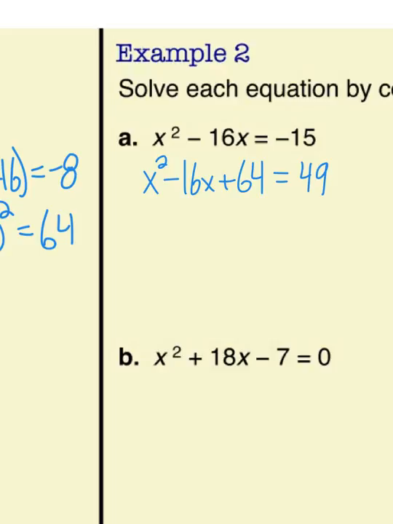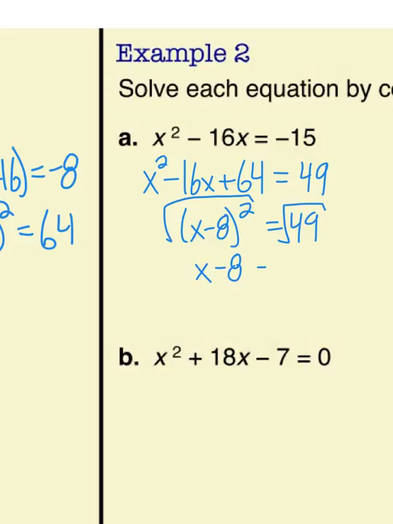So now I know that the stuff I have on the left is a perfect square trinomial, so I'm going to factor that to x minus 8 squared equal to 49. And now 49 is actually a perfect square, so I can take the square root of both of these numbers. And now I have x minus 8 equals the square root of 49, which is positive or negative 7.